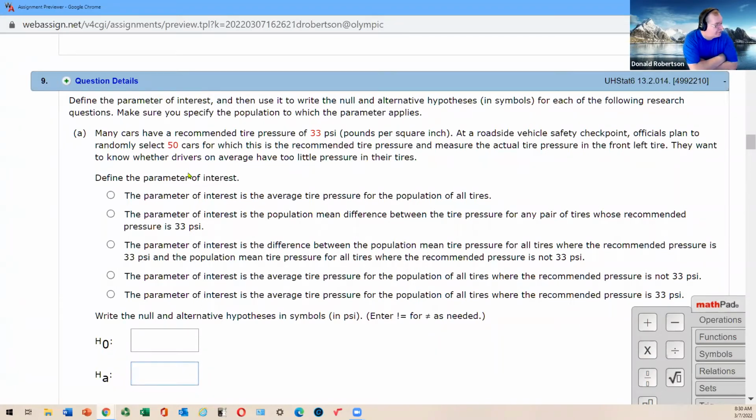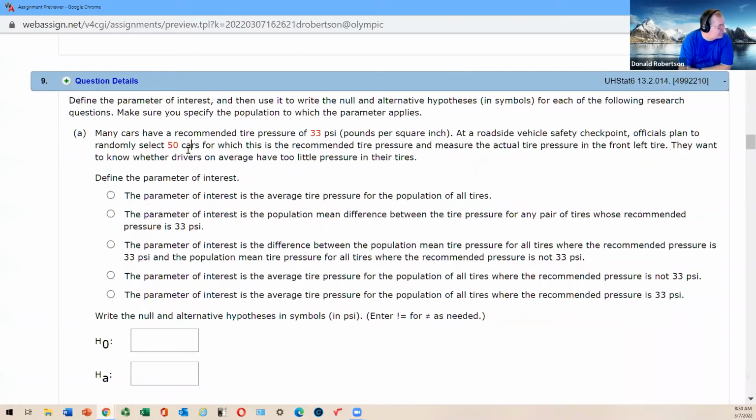At a roadside vehicle safety checkpoint, officials plan to randomly select 50 cars for which it is recommended that the tire pressures measure the front and left tire. They want to know whether the average is too little, or too much. They should be 33, and they just do a roadside check. Oh, that one's 35, that's a bit too much. That's 28, that's almost flat. They go through the cars.